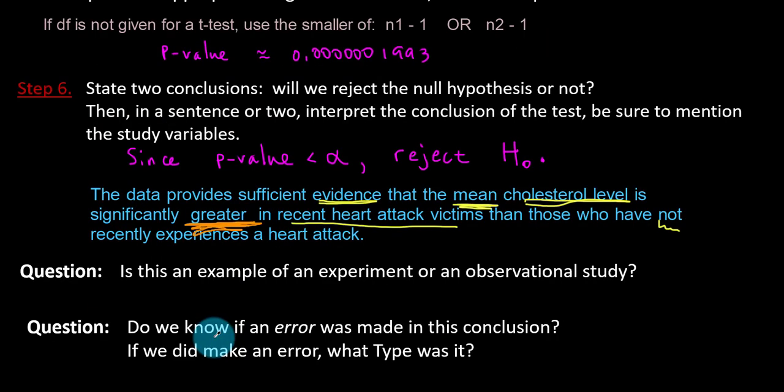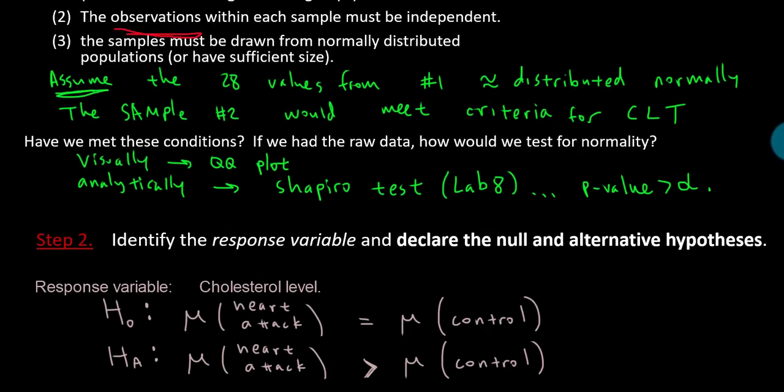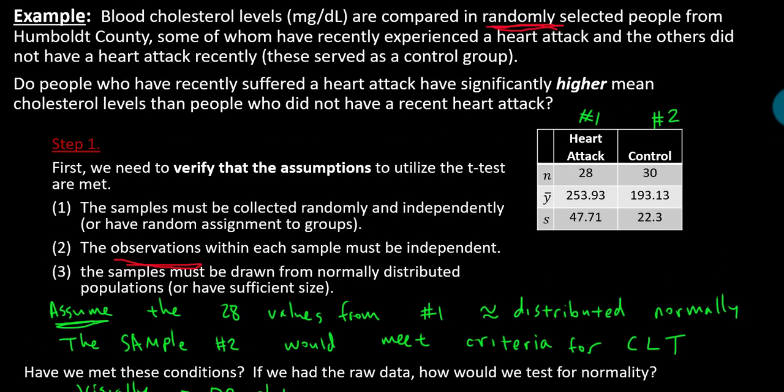I have 2 more questions for you. Based on the limited amount of information that we were given about this study, does this demonstrate an experiment or an observational study? Remember the criteria that differentiates them. If this was an experiment, then the researchers dictated who went into each group, right?